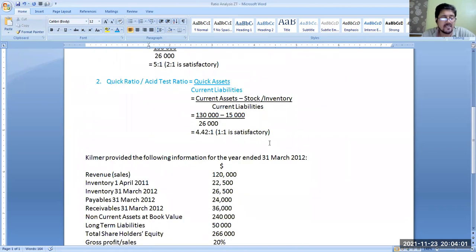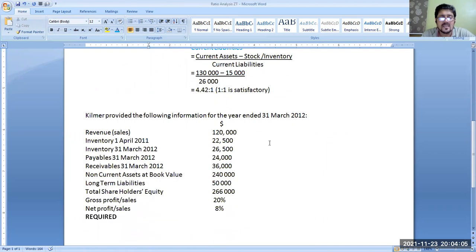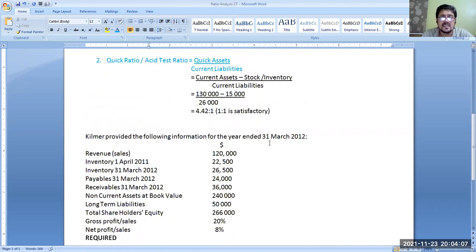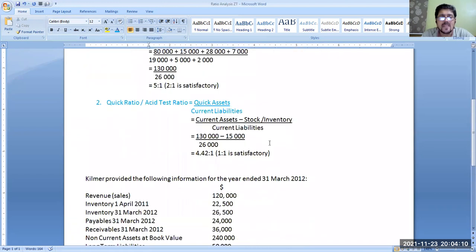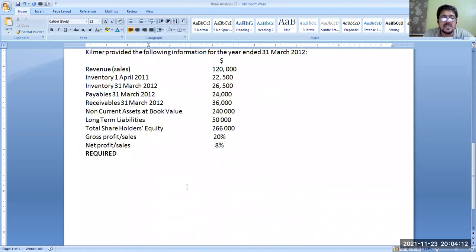Now, next item. The next topic today, after liquidity ratios, we will do efficiency ratios. Are you getting my point clear? So we have to do efficiency ratios.